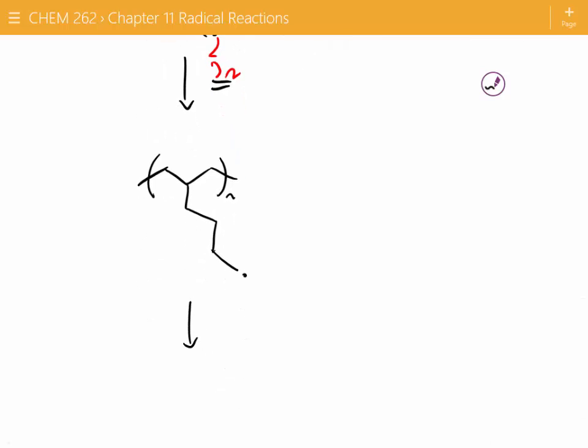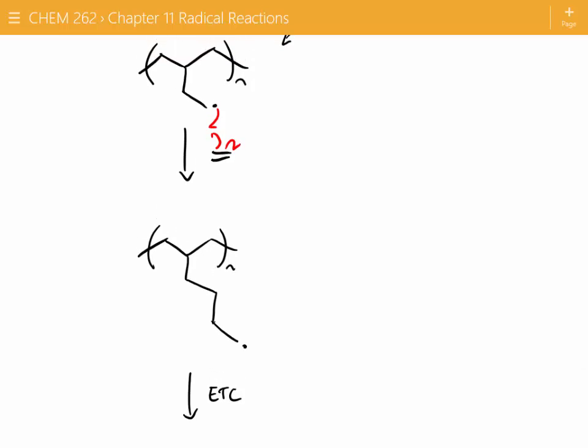And it can keep on going, so I'll say etc. And then can that do it again, where it takes the hydrogen and forms a brand new branch? Yeah, oftentimes you get not only branching, but cross-linking of polymers too, right? So if you've got two long polymer chains, they can even cross-link together. They form like a ring. Kind of. It's more of a meshed network of polymers. So there's cross-linking and there's branching.